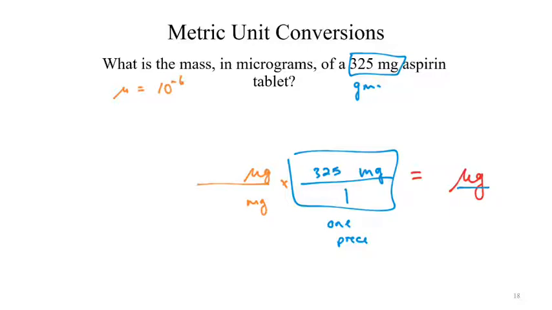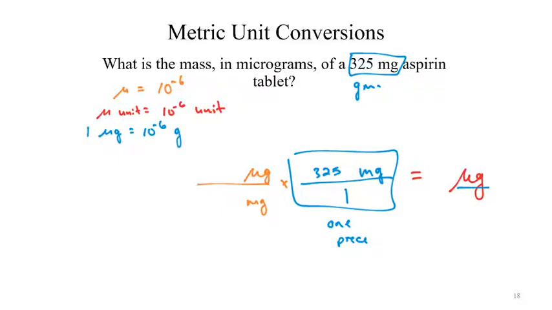Okay, if we look at the cover page of most of my exams, we've got micro unit equals 10 to the negative sixth unit. What does this mean? In this case, it would be micrograms equals 10 to the negative sixth grams.